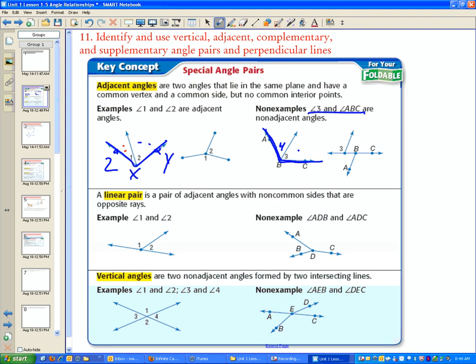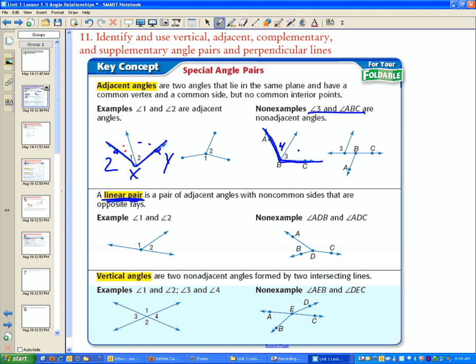See the difference? All right, a linear pair is a pair of adjacent angles with non-common sides that are opposite rays. A linear pair, look at the name, linear. They make a line. Pair, there's two of them. Linear pairs are adjacent angles that make a line. Linear pairs are adjacent angles whose sides are opposite rays.